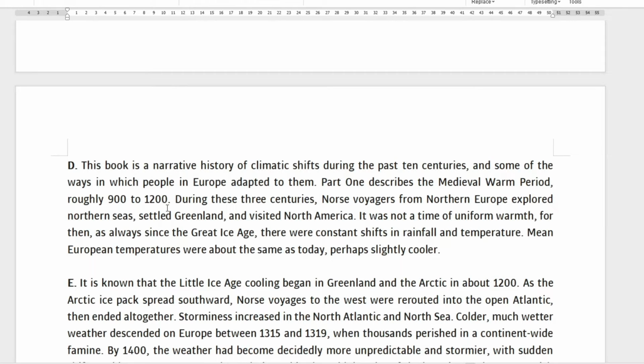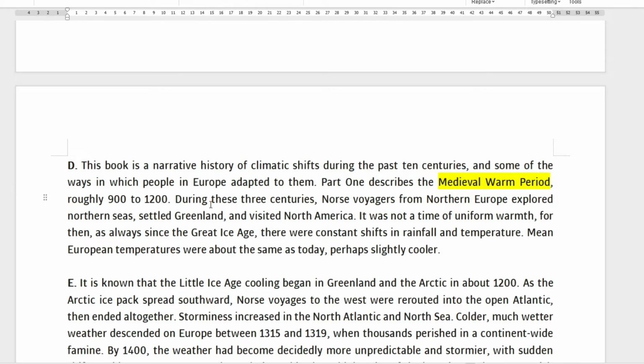Now, this book is a narrative history of climatic shifts during the past 10 centuries, and some of the ways in which people in Europe adapted to it. Part 1 describes the medieval warm period, roughly 900 to 1200.